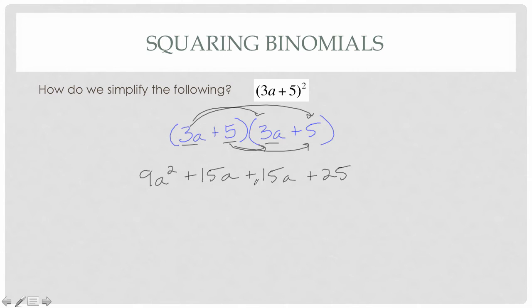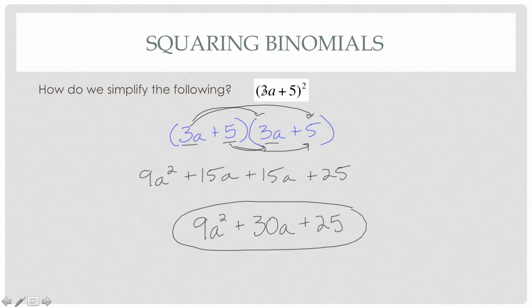These two middle terms are like terms, so I can rewrite it as 9a squared plus 30a plus 25. So when you see a binomial squared, just immediately rewrite it as the same binomial times the same binomial. And then do your multiplication steps.